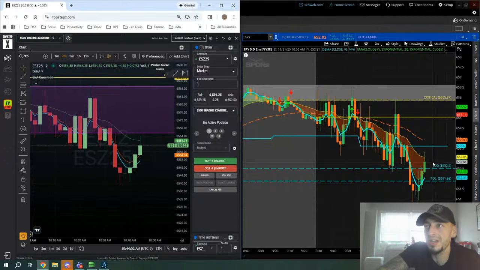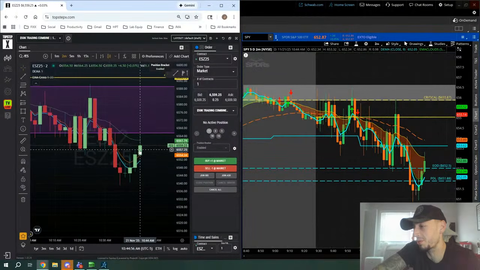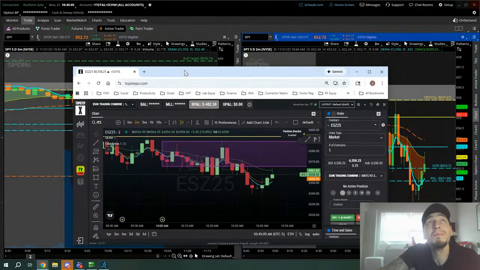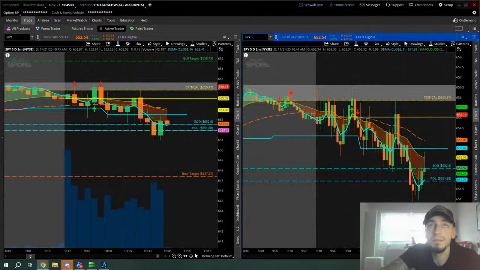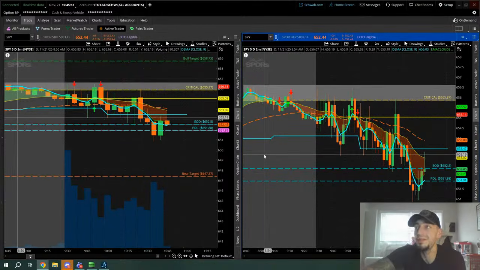I'm not sure what I want to do here. If it respects it, I'll try a short play. We got a minute. Look at that on the 5 minute. 1 hour trend just moved down.